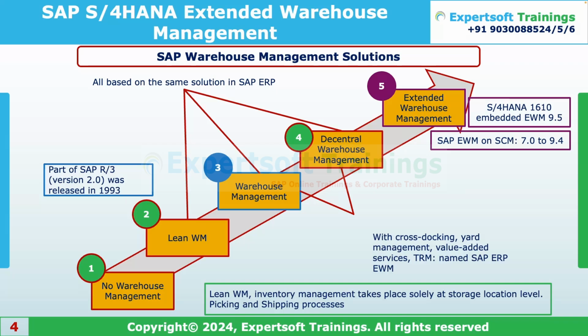If your customer is using S4 HANA for the first time and they are going to take the S4 HANA license, they don't have to take any license for the EWM embedded version if they are using a basic version. EWM has two versions, basic EWM and advanced EWM functionality.